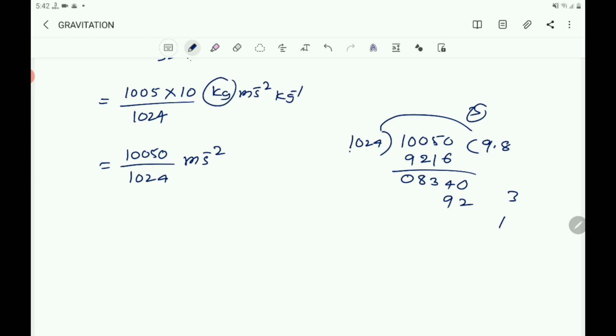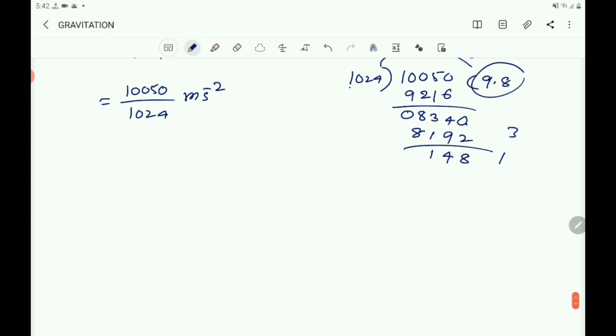Approximately you can take this as 9.8 m s to the power of minus 2. 9.8 m s to the power of minus 2 is the value of acceleration due to gravity of the earth.